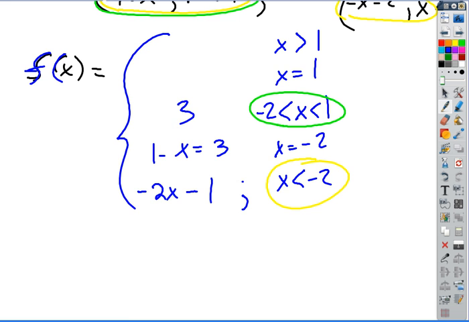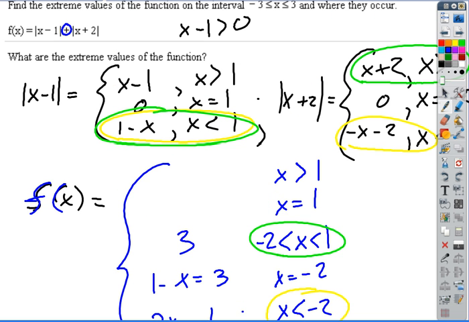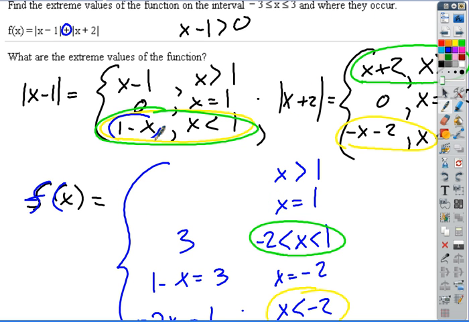You just add the two, because I'm adding this plus that. 1 minus x plus 2 is just 3. The x's cancel.